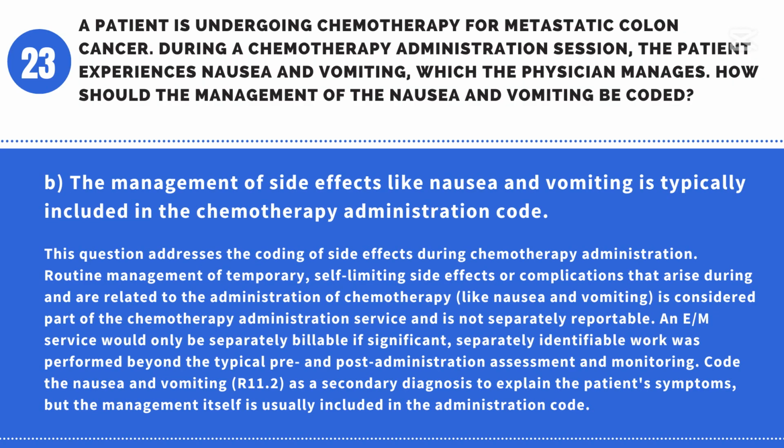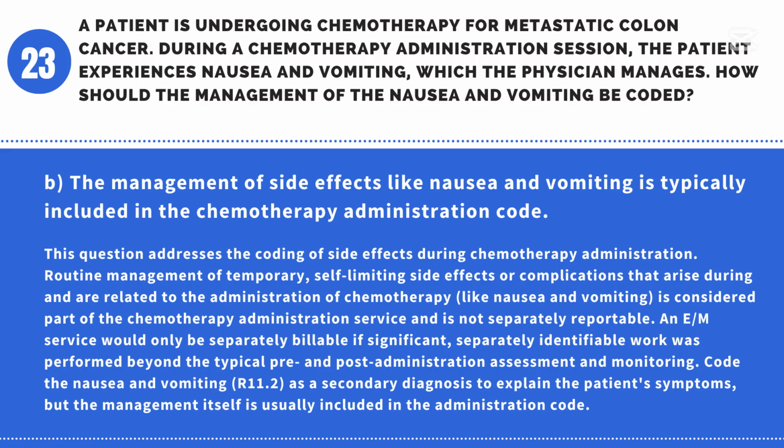Answer: B. The management of side effects like nausea and vomiting is typically included in the chemotherapy administration code. This question addresses the coding of side effects during chemotherapy administration. Routine management of temporary, self-limiting side effects or complications that arise during and are related to the administration of chemotherapy, like nausea and vomiting, is considered part of the chemotherapy administration service and is not separately reportable.